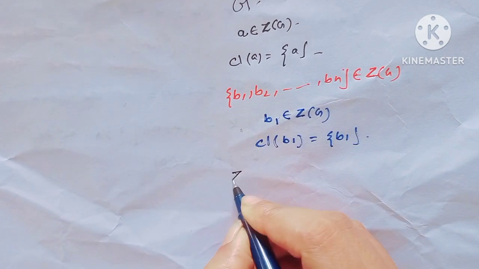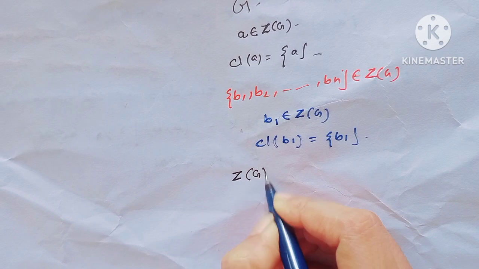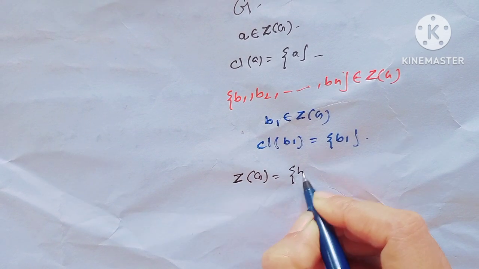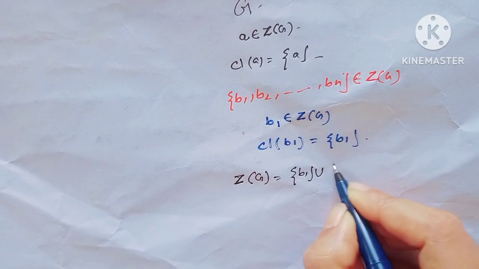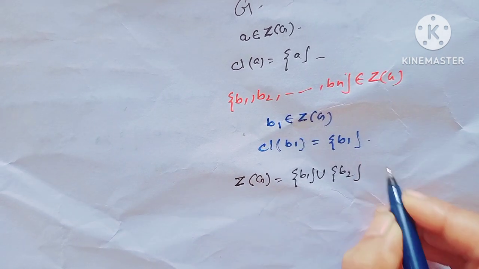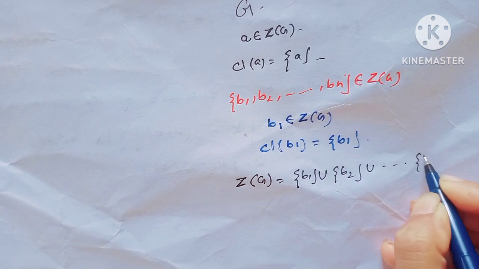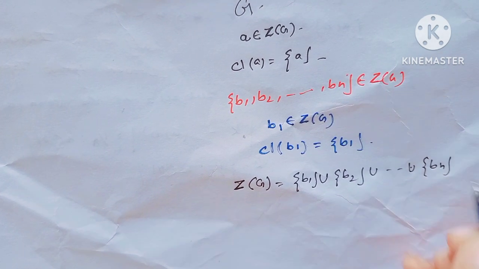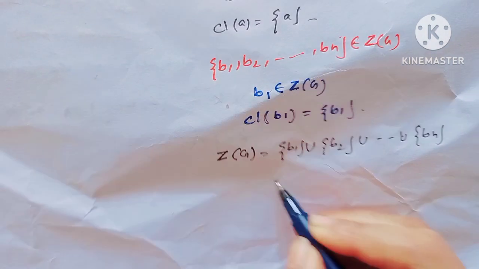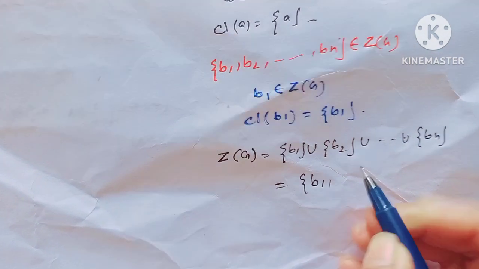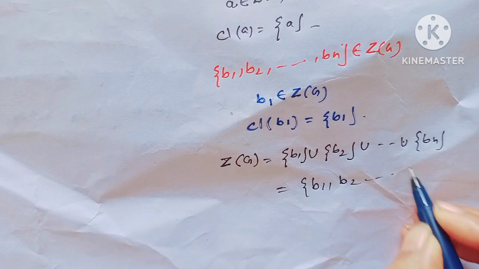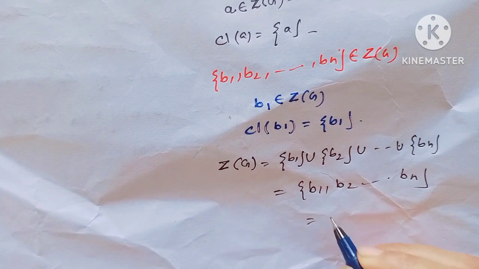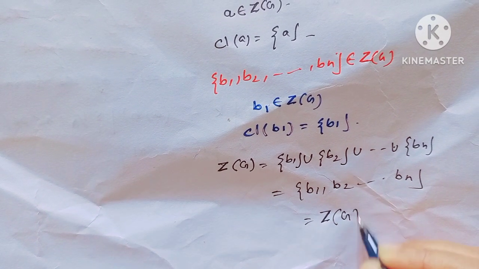Therefore, Z(G) equals the class of B1 union the class of B2 union the class of Bn, and this union is B1, B2 up to Bn, which is equal to Z(G).